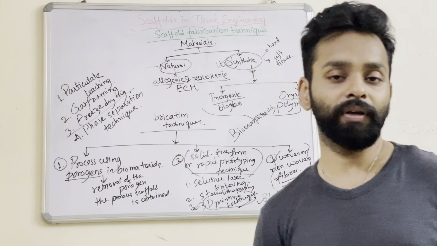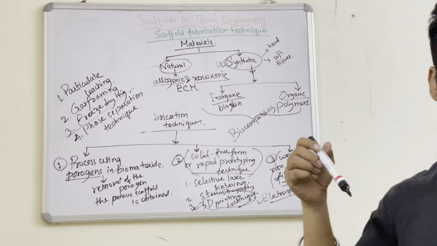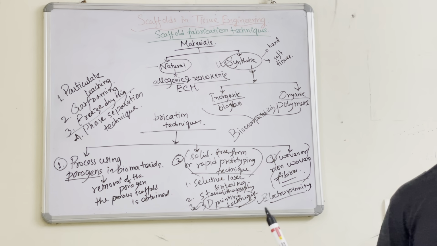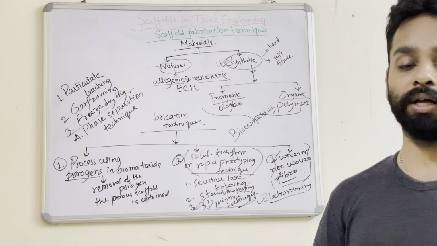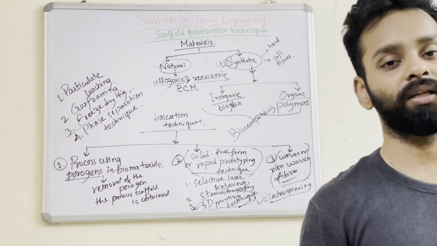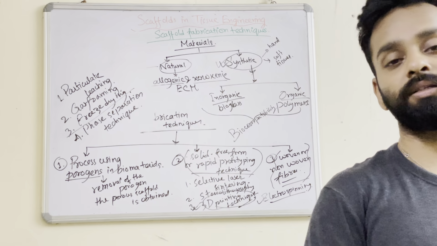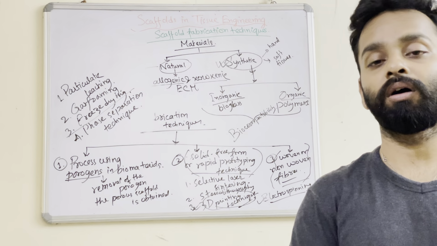So in the upcoming videos we will be looking at some important examples of how scaffolds are fabricated for treating a particular condition, and what the different parameters are which need to be considered in a case by case study for designing a particular therapeutic intervention for restoring or supplementing a tissue type or function.